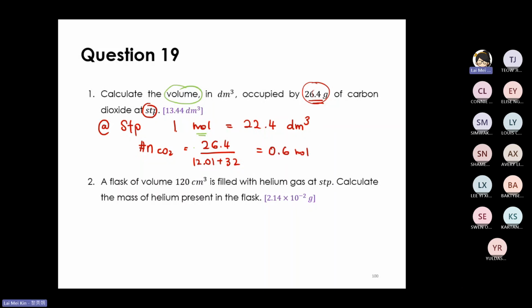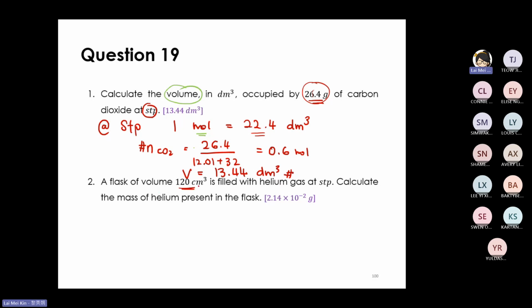Correct? Okay, so 0.6 mole, what is the volume? If 1 mole is 22.4, so 0.6 times that is 13.44. Don't forget the unit. Students always tend to forget this.